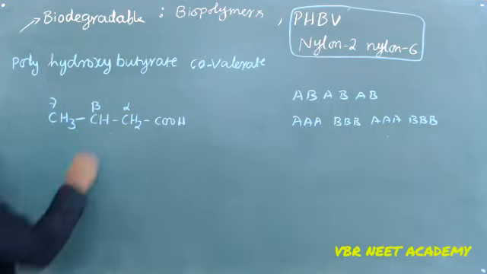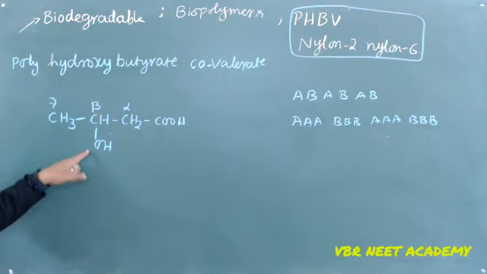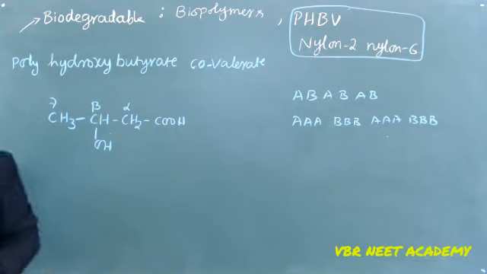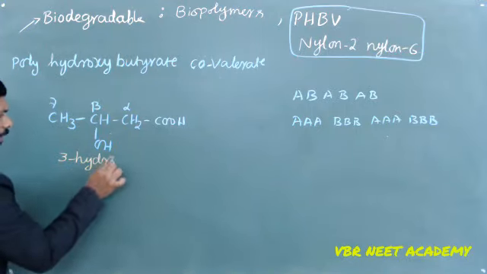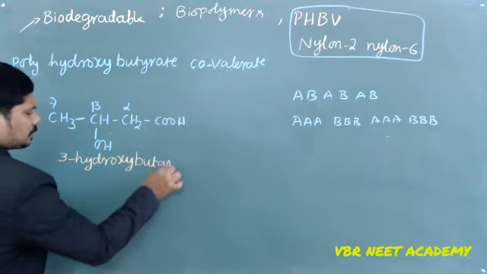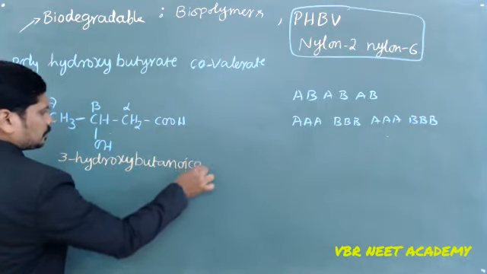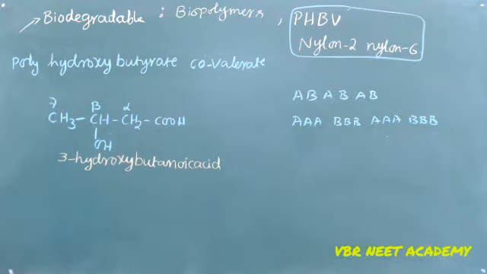It is a beta hydroxybutyric acid, so that's why I have kept the hydroxy in the beta position. If you want to give the IUPAC name for this compound, it's 3-hydroxy butanoic acid.